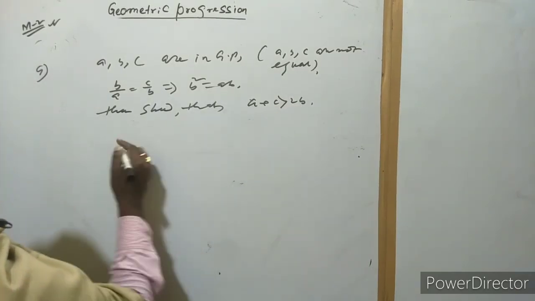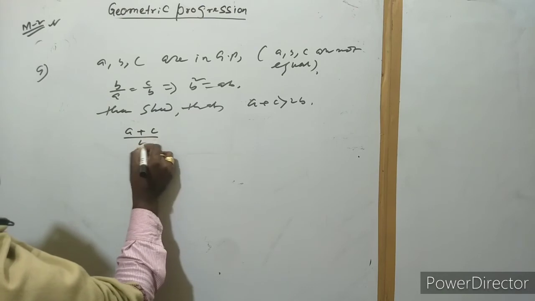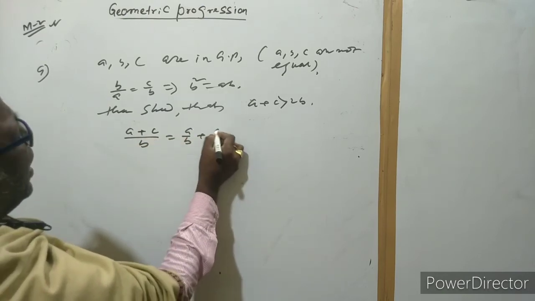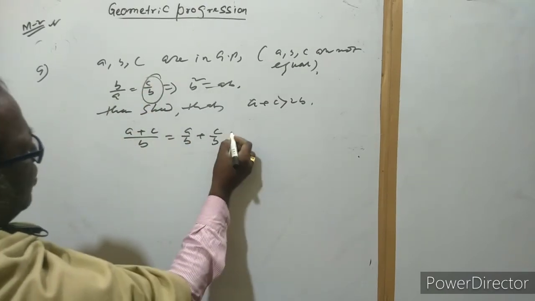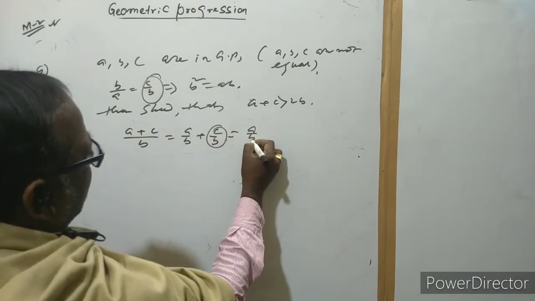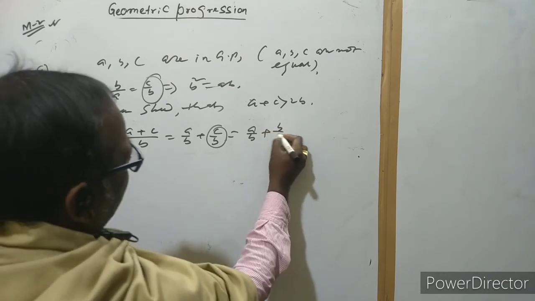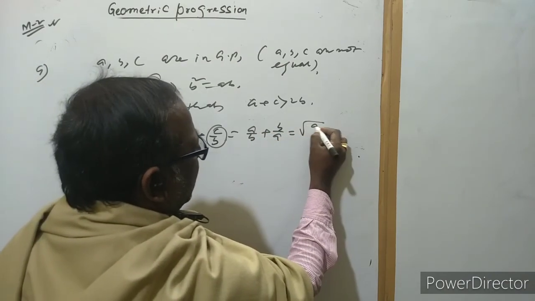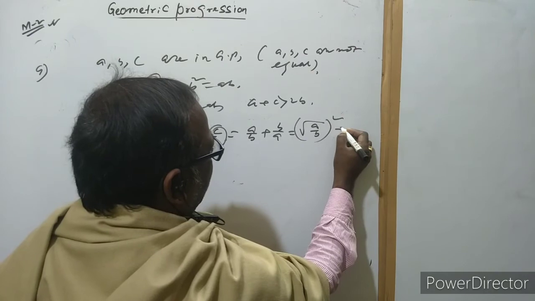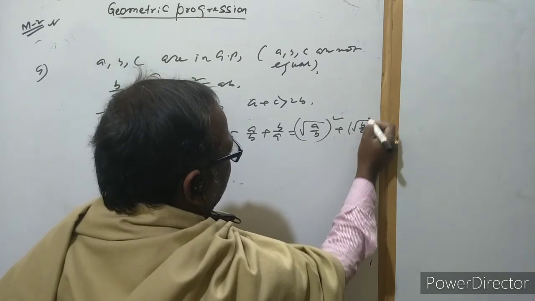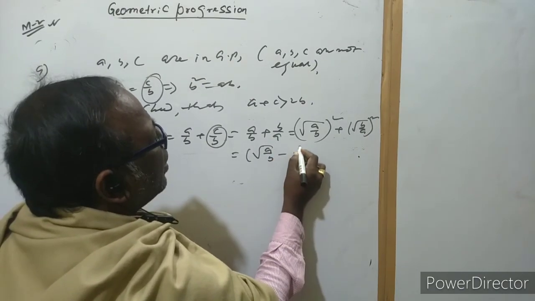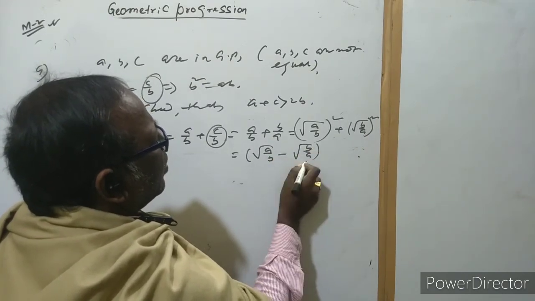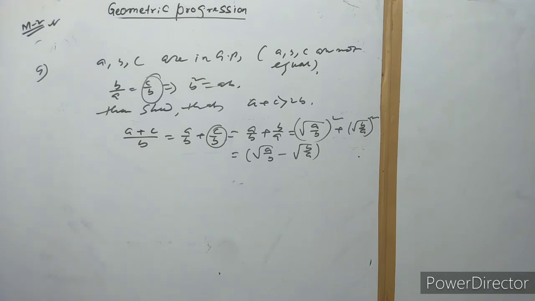Now divide by B: A plus C by B, so A by B and C by B. Now in the place of C by B, we can put B by A. Now we can write A by B whole square and also root over B by A whole square, like A square plus B square, and this is a real number. And it is given that ABC are positive real numbers.